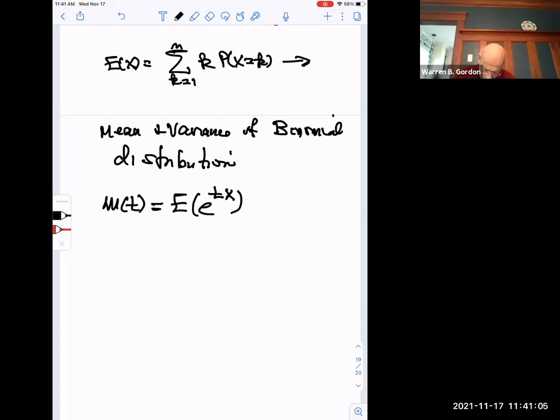So for the binomial distribution, this will be the summation of e to the t k, since x becomes k in this case, n choose k, p to the k, q to the n minus k, k goes from 0 to n.